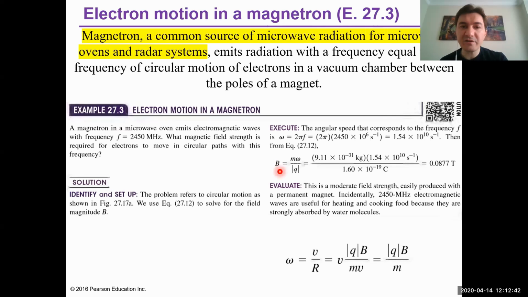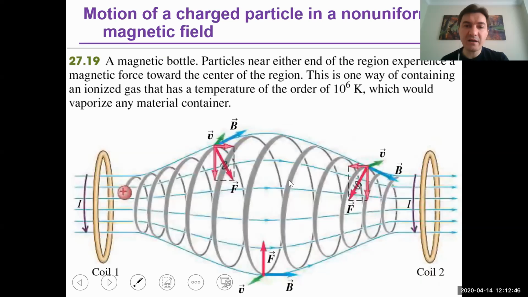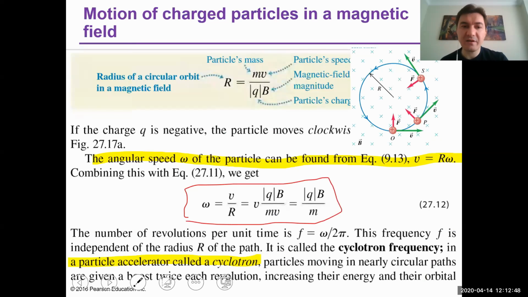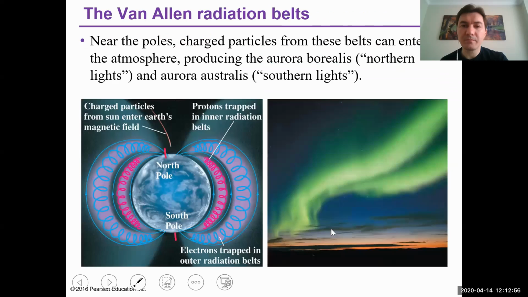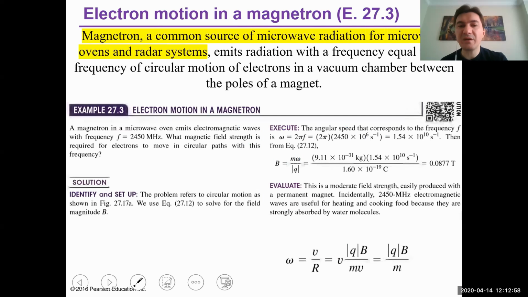And in order to calculate B, remember that formula. Angular speed is given by q times B over m. If you solve for B, it is m times omega over q. m is the mass of the electron, because we are talking about electron motion in a magnetron, and q is the charge of the electron.